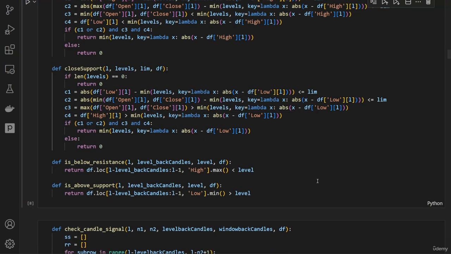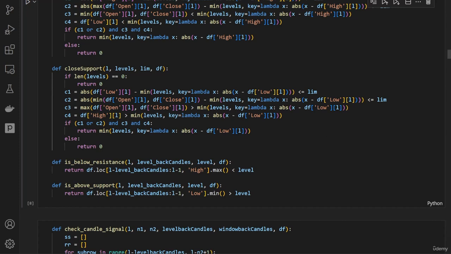Now we still have to introduce these two functions, is below resistance and is above support. The first one, is below resistance, is a handy tool to understand if the current high price is below a specified resistance level over a given period of historical data.